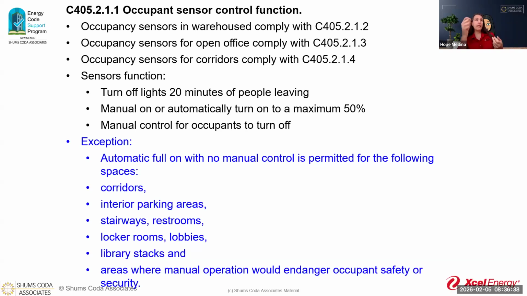There needs to be a manual on that allows it to turn on, but it only can go up to 50%. And then there also has to be the ability for a manual control to completely shut off. And remember, there are exceptions to that.